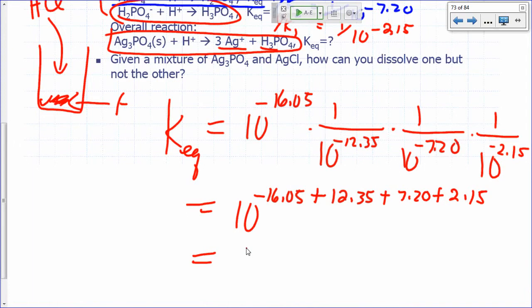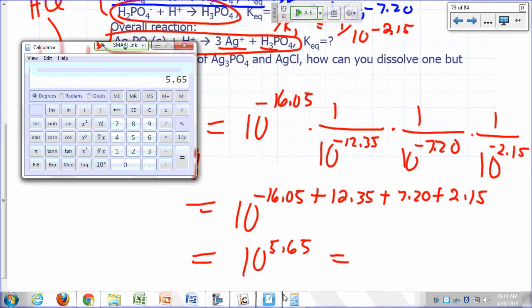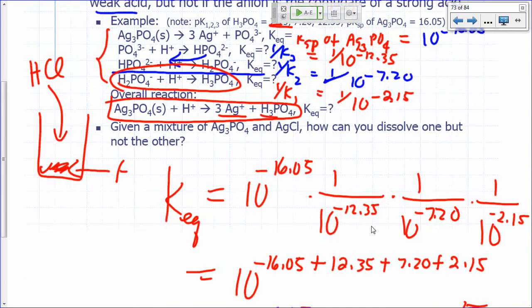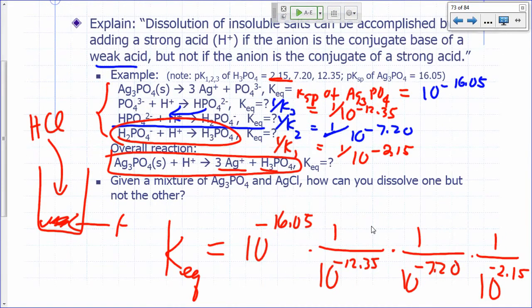That gives you 5.65, so 10 to the 5.65. Taking the inverse log gives you 4.46, or 4.5 times 10 to the 5th. That's a large KEQ. And so silver phosphate is soluble in acid.